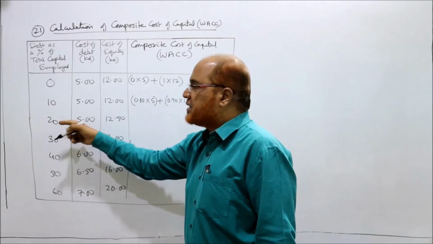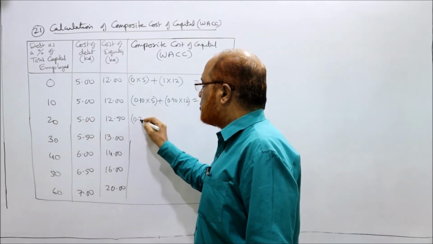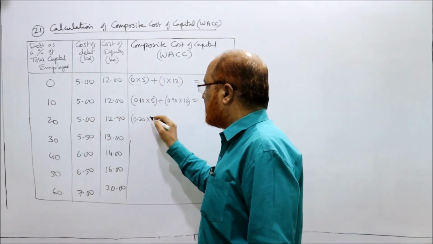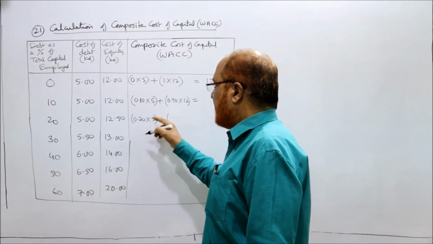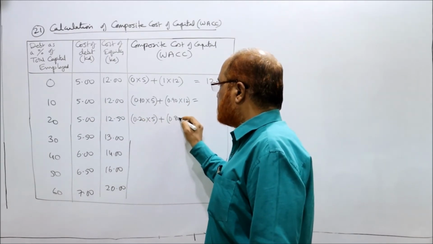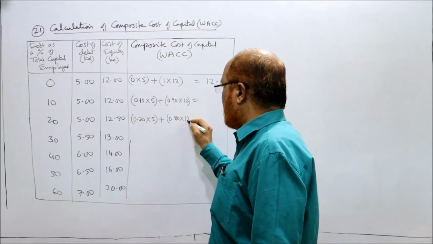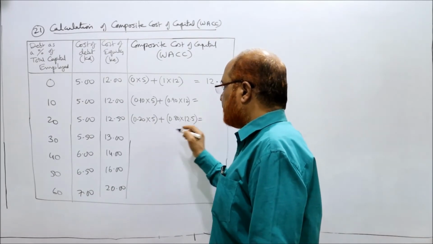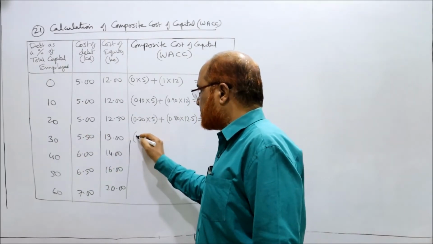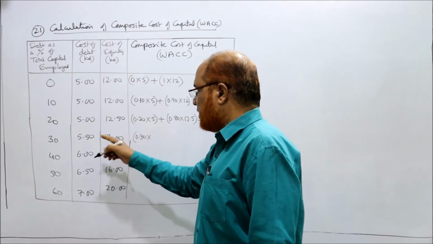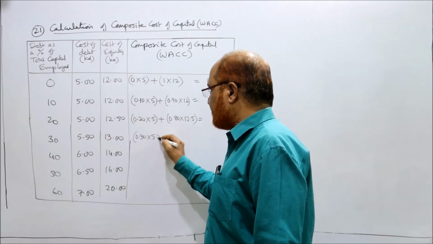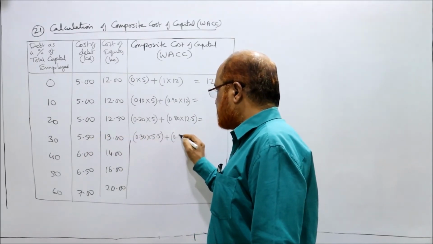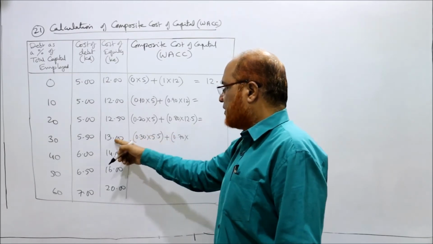Similarly 20% debt will take 0.20 into cost of debt 5 plus 80%, 0.80 into 12.5. 30% debt 0.30 into 5.5 plus 0.70 into 13.